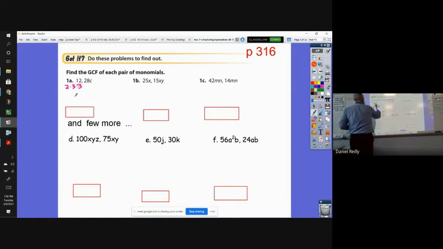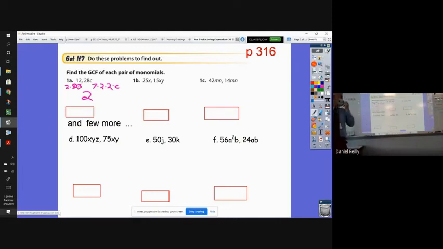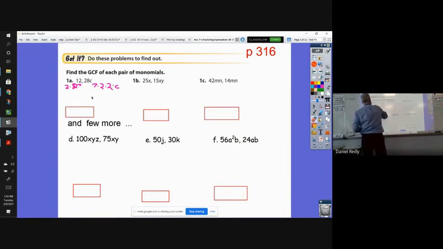And 28 is 2 times 2 times 7. And then times C. C, right, perfect. So the common factor is 2 times 2, which is 4. Oh, 4C. You gotta take the ones that are in common and multiply them together.